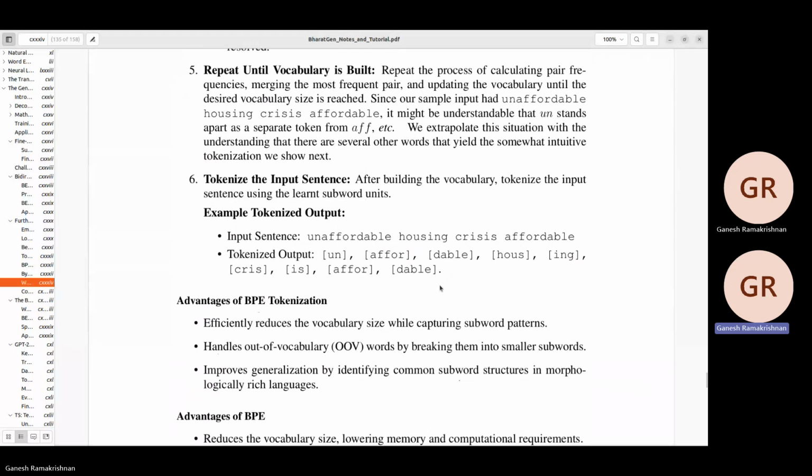Now this is what the BP tokenizer does. It's effective in reducing vocabulary, and can also handle out-of-vocabulary words, right? Instead of saying affordable, if I say affordability, I want to be able to still handle it. Or someone says non-affordable instead of unaffordable. Again, you don't want it to be treated as a foreign word altogether.